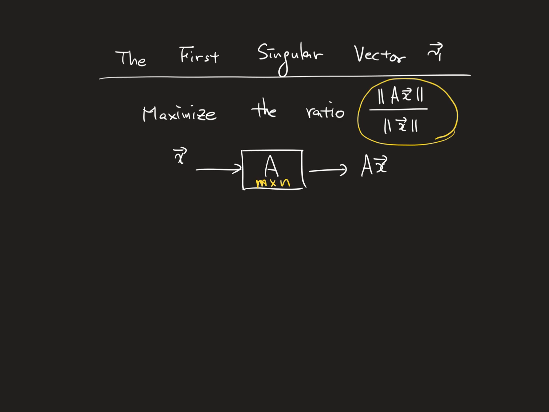I didn't mention that when we have the singular value decomposition, A is equal to U sigma V transpose, and we write the singular values sigma 1 through sigma r, but we have to order them, sigma 1 greater than or equal to sigma 2 and so on, down to sigma r greater than or equal to 0.